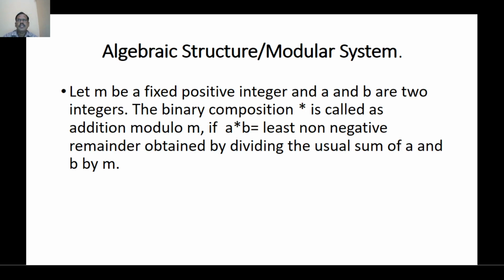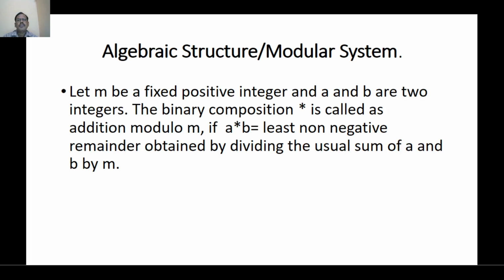If m is 10, if you add 7 and 4, that is 11, then you put 7 plus 4 is equal to 1, because if you divide 11 by 10, we get remainder 1. So that we call modulo m. So let m be a fixed positive integer and a and b are two integers.